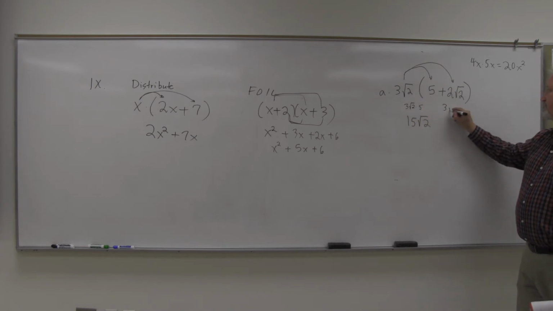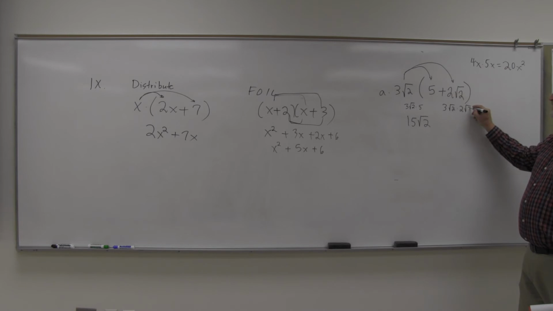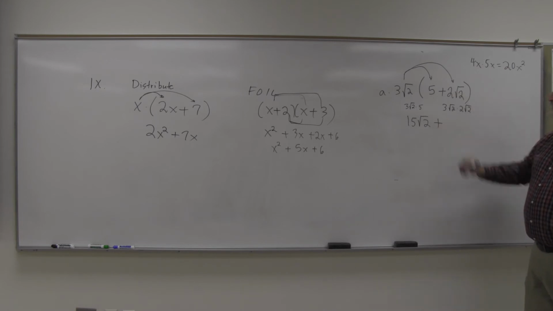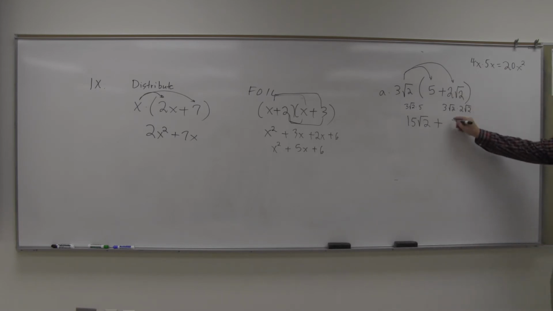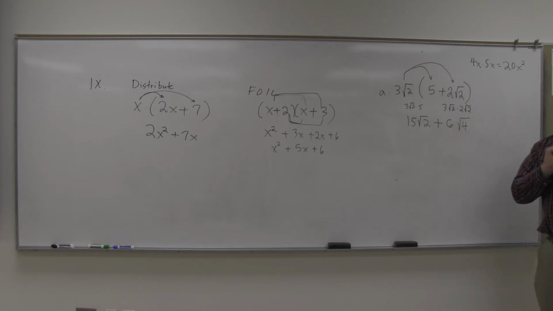Now, 3 square root of 2 times 2 square root of 2. I'm going to have plus 6. And then what about these square roots? I still multiply them though, right? When you multiply, you multiply the insides. And so I'm going to get the square root of 4. Now, we haven't had that happen yet. Square root of 4 is 2, right?